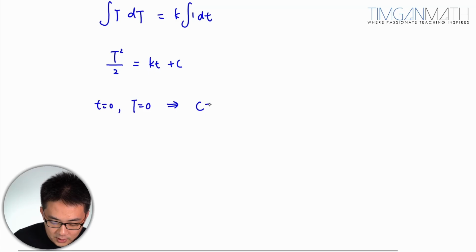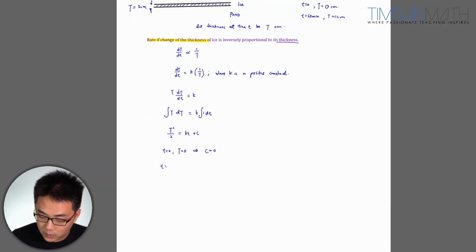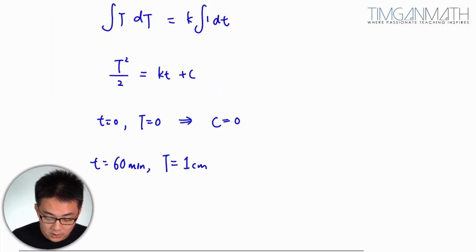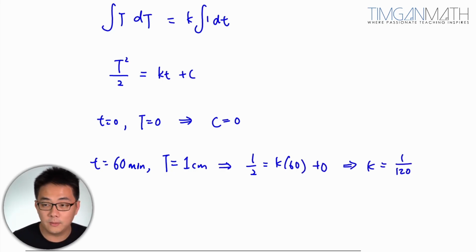So this will render c to be 0. Everything is just 0. So when t is 60 minutes and T is 1 cm, we can find our k here. So 1 over 2 equals k times 60 plus 0. So k will just be 1 over 120.